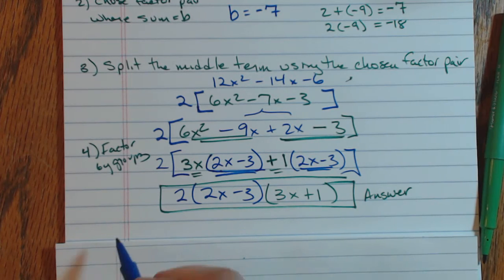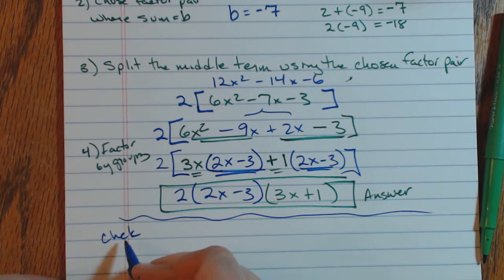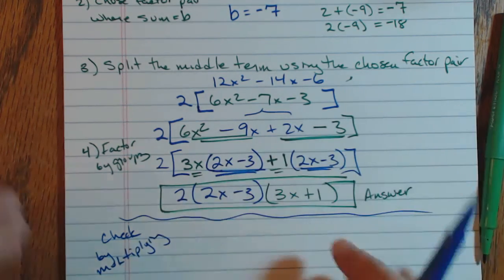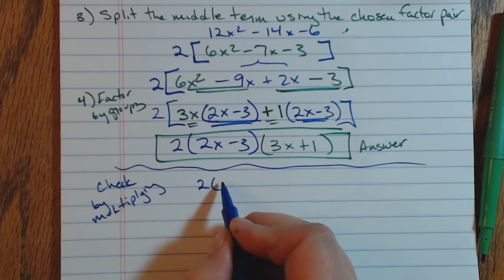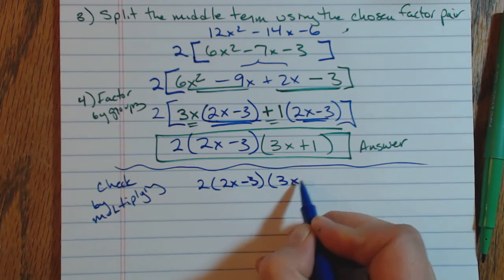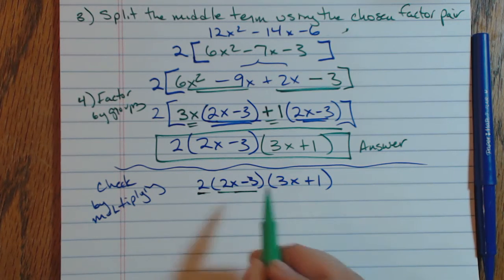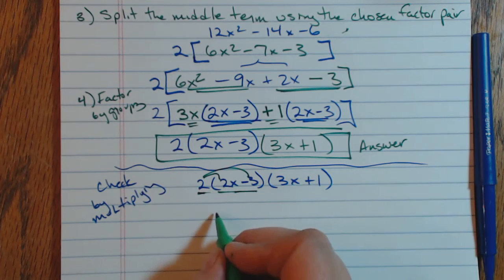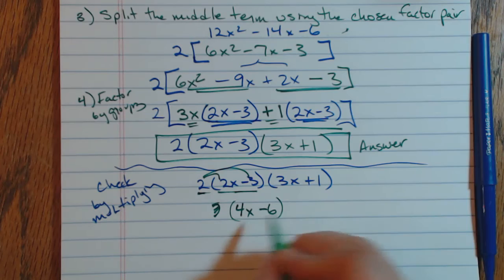If I wanted to check my answer, I could do a check, and the way we check an answer is by multiplication, seeing if we multiply our answer, we'll get back to our original trinomial. So remember, if you multiply 3 factors, we can do that by first multiplying any 2 of them together. So I'm going to multiply the first 2 together with the distributive property. So I'll get a 4x minus 6.